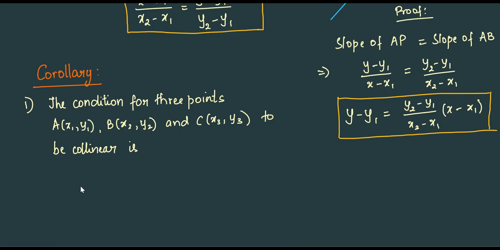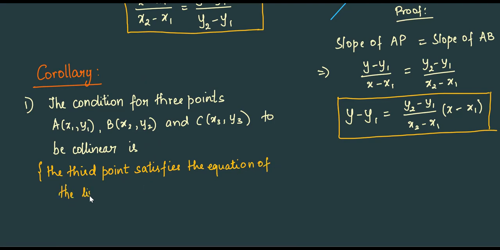I'll write here in the bracket: the third point lies on, or satisfies, the equation of the line passing through the other points.